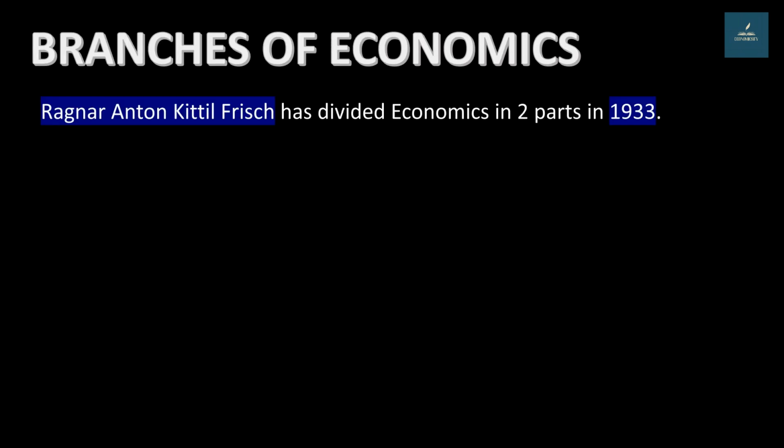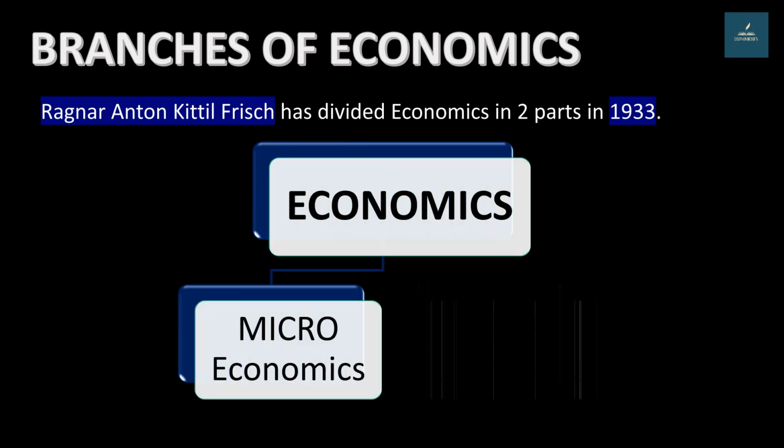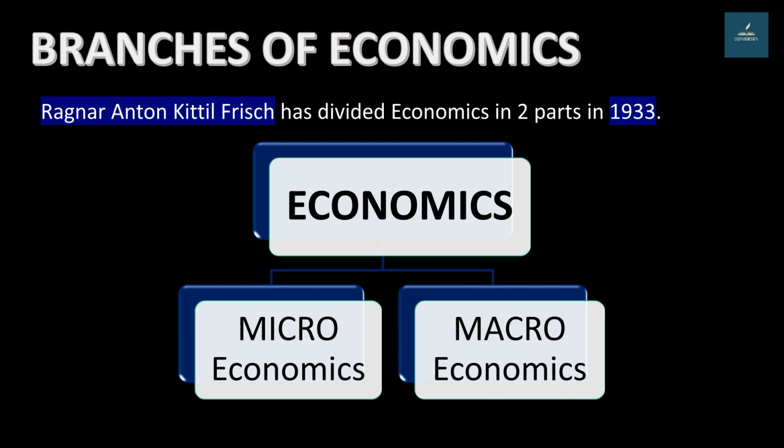Now comes branches of economics into the picture. Ragnar Frisch divided economics into two parts in 1933. They are number one, microeconomics, and number two, macroeconomics. Frisch was a Norwegian economist.